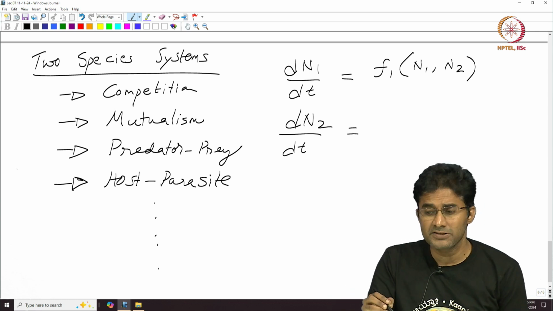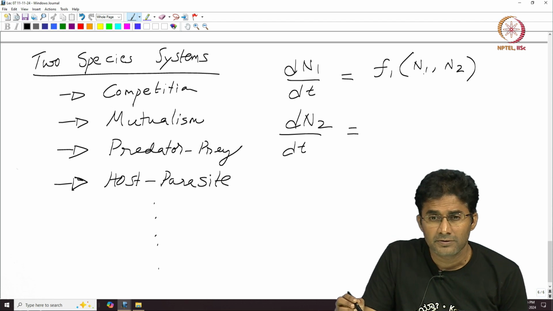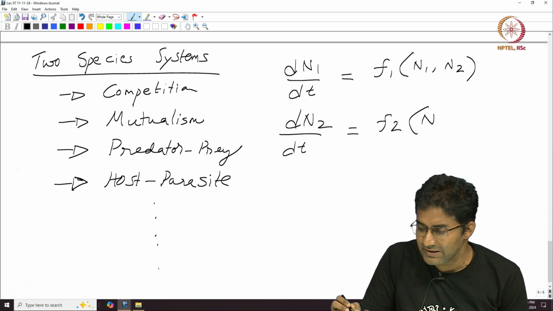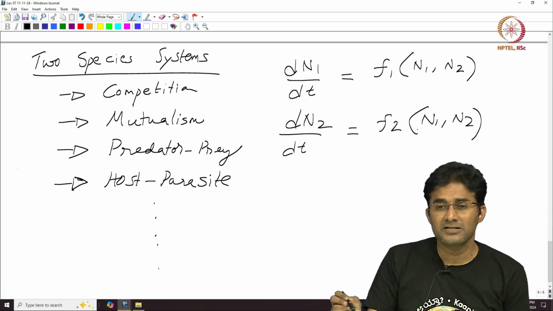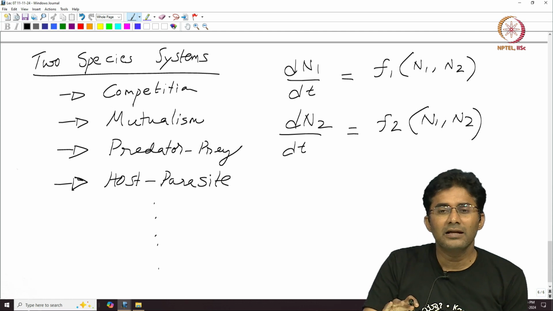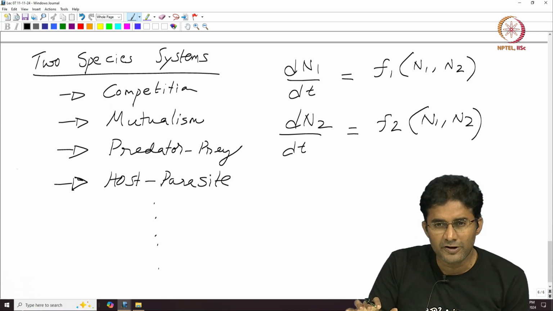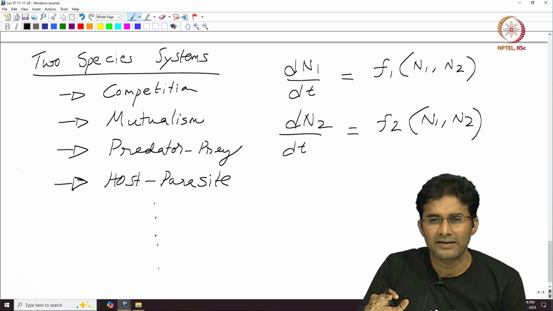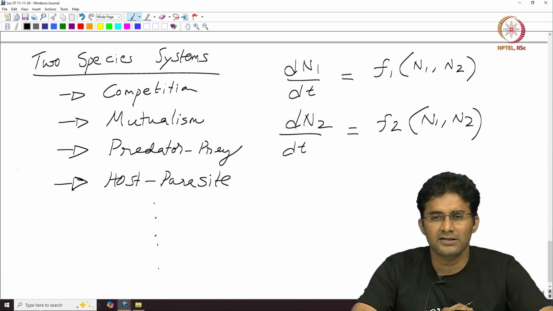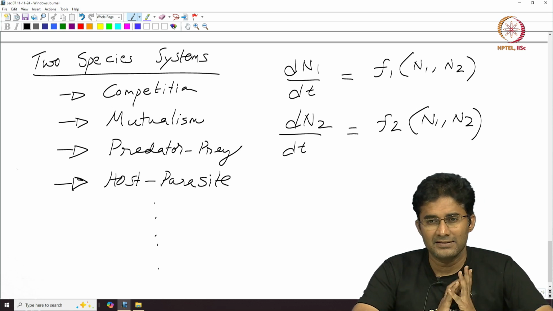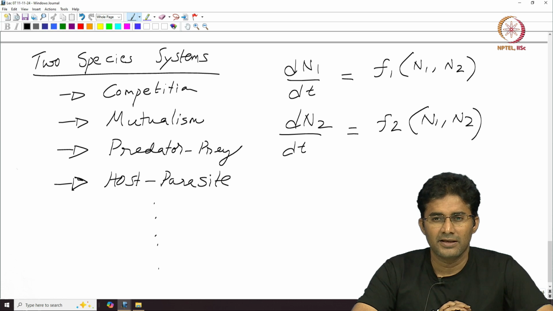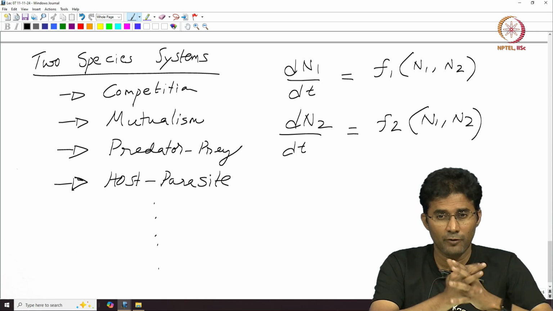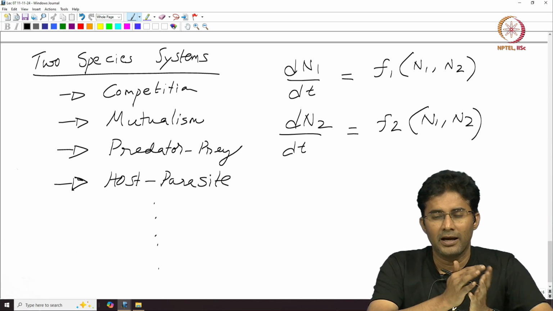The growth rate of species 1 depends on both the number of species 1 and number of species 2 individuals, and the growth rate of species 2 depends on the number of species 1 and number of species 2 individuals. And then we have what are called coupled differential equations, and again we do not have to mathematically solve this. We can look at the structure of equilibrium, we can do the kind of analysis that we did for competition, such as if I start with only one species and the other species is now introduced, what do we expect, and vice versa.